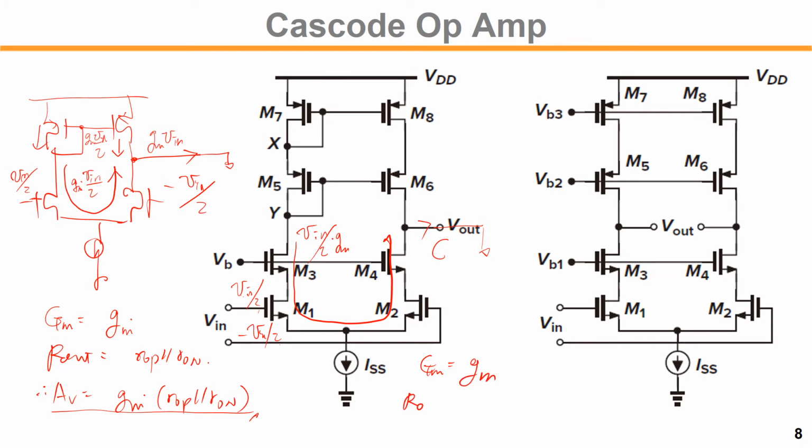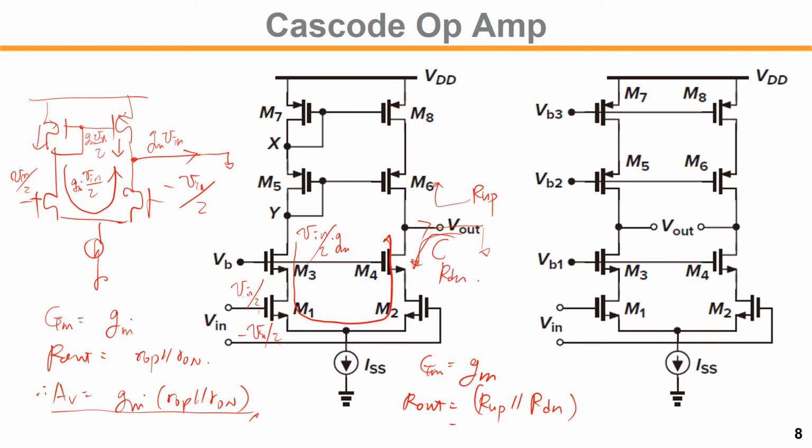And what about the R out? Right now we have the cascode, so R out is R up in parallel with R down. Looking up through the M6, the output impedance is R up, and R down is the impedance looking down.